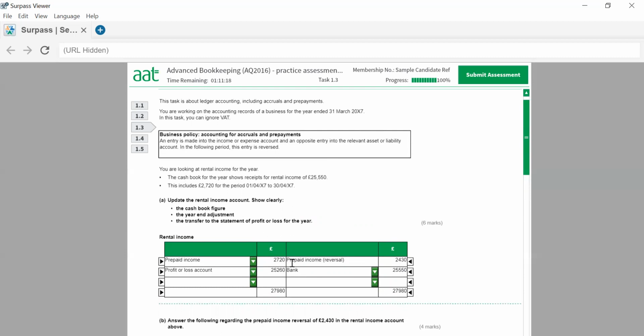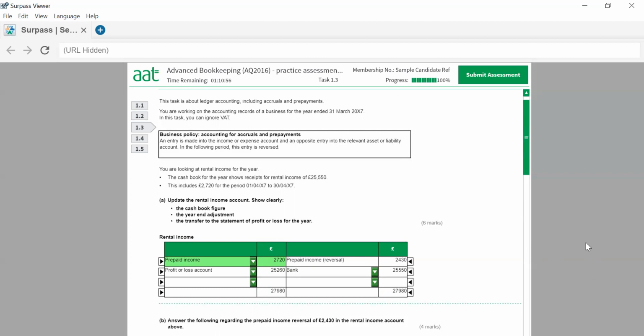This figure here, taking into account what I said before, this is our year end now. So if we had dates, this figure here would be the 31st of March 2007. So we've debited the rental income, but we would have also credited the prepaid income, yeah?